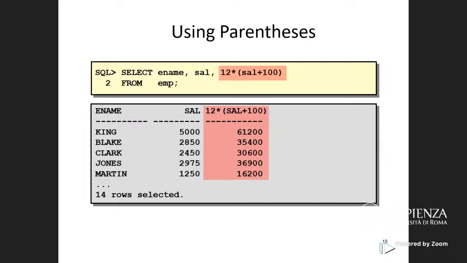Okay, sir, 61,200. Are you sure it's 61,200? Did you do the calculation yourself, or are you reading from the board? I'm asking you to do the calculation yourself. Do 5,000 plus 100 and multiply by 12. It is 61,200. Okay, that's great.